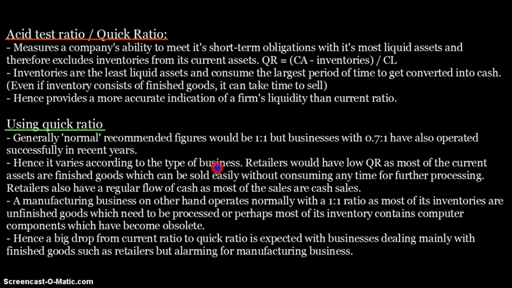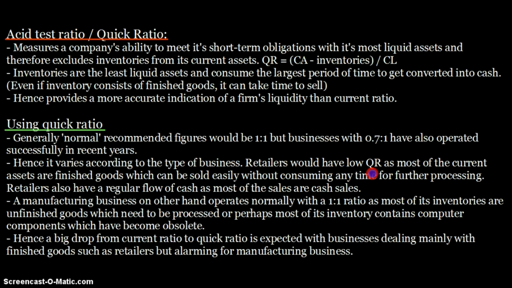So not all businesses can operate with such low ratios, but businesses which can convert their inventories into cash rapidly can operate with low quick ratios. So it varies according to the type of business.